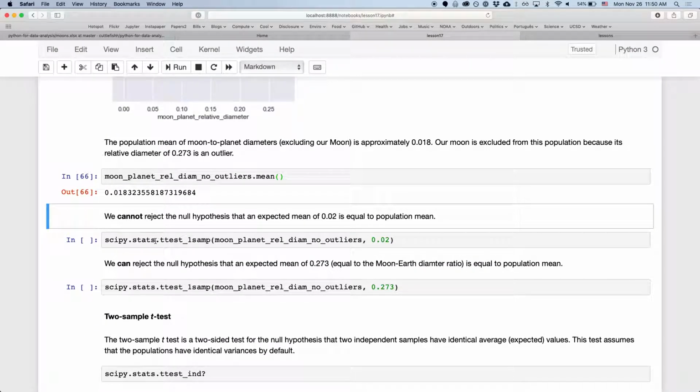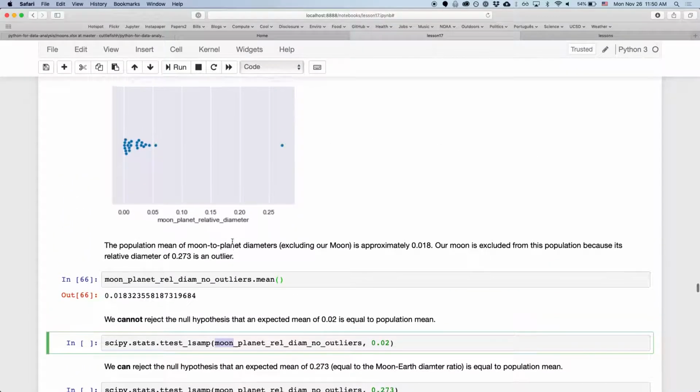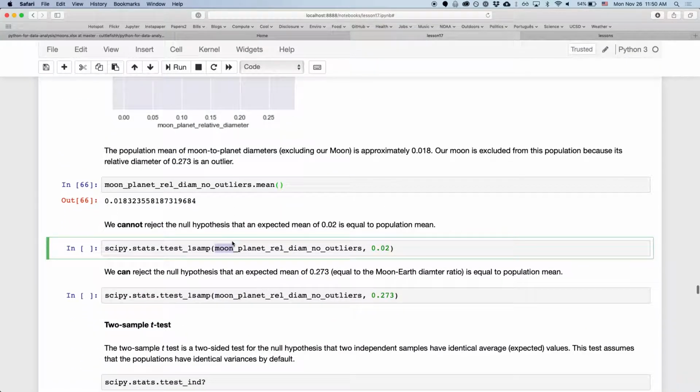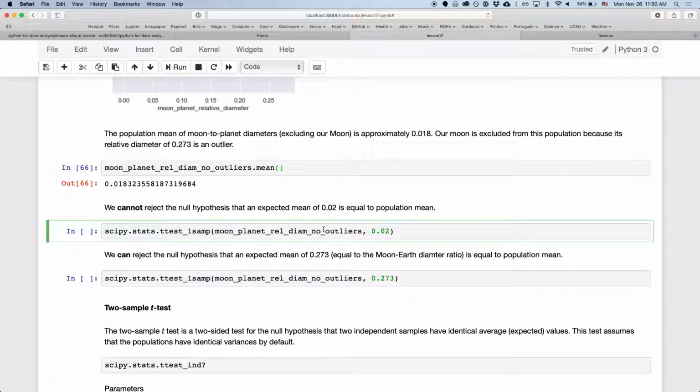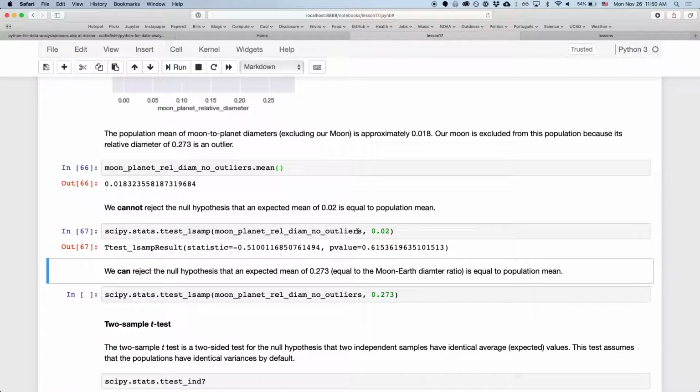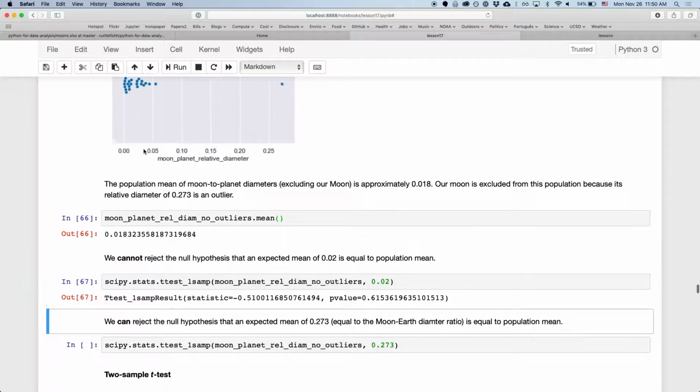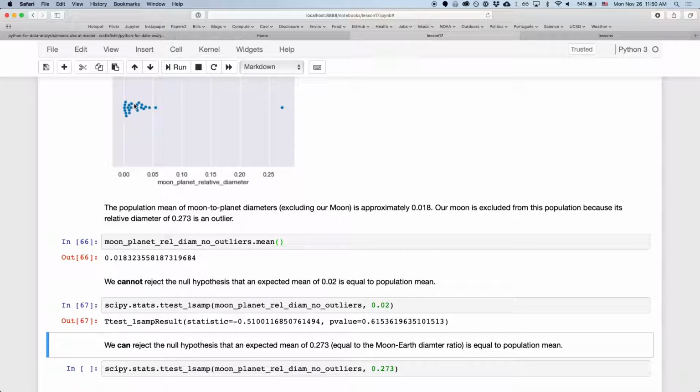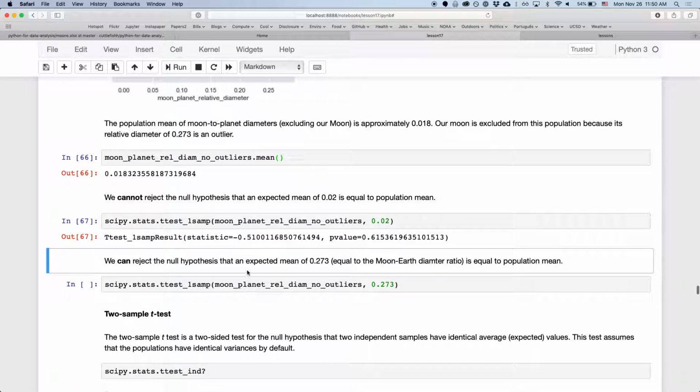So we can use this one-sample t-test function from SciPy to test whether that moon-planet distribution with no outliers is different from, say, a value of 0.02, which would be right around here, close to the mean. This p-value is not significant with, say, an alpha of 0.05.